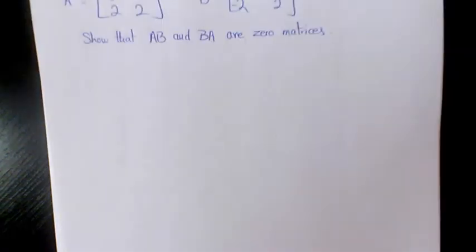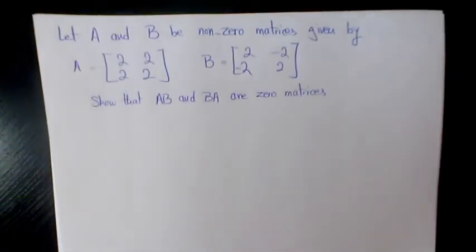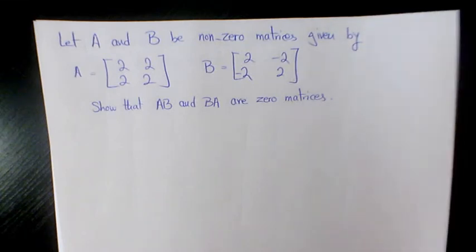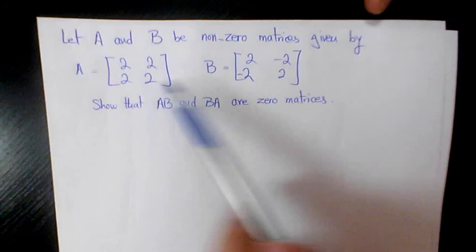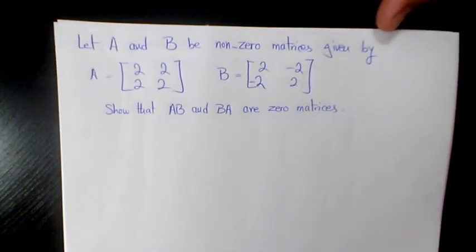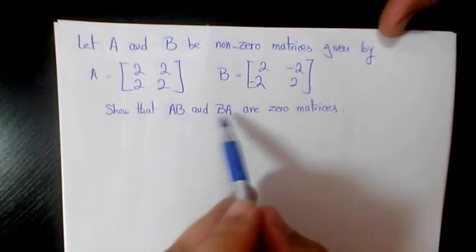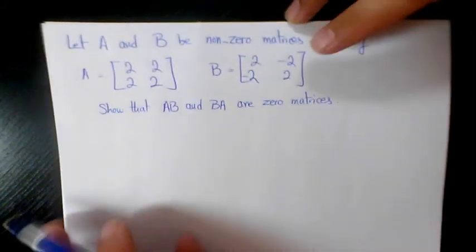Next example. Let A and B be non-zero matrices given by A: 2, 2, 2, 2, B: 2, negative 2, negative 2, 2. Show that A times B and B times A are zero matrices.